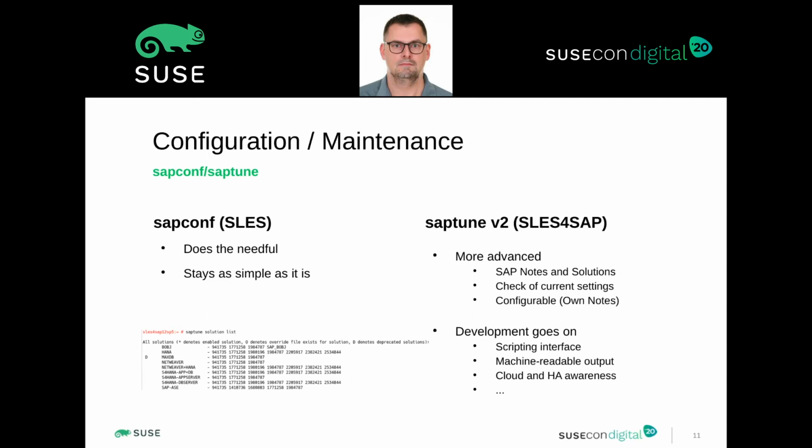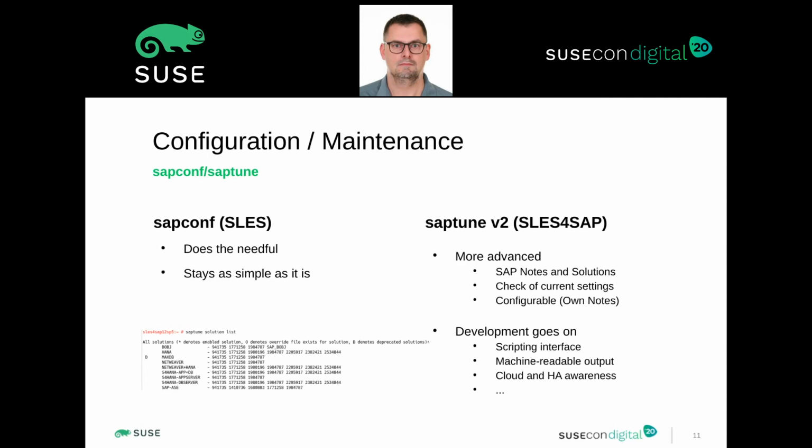With SLES for SAP, you also have saptune, now in version 2. We made the major jump from 1 to 2 last year in June. This is a much more advanced tool. Here you can activate or disable entire SAP notes, but with that you also have to know which SAP notes you need.